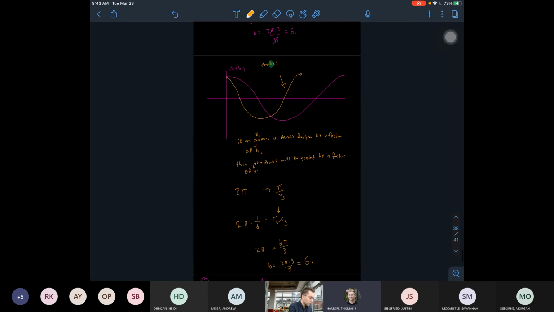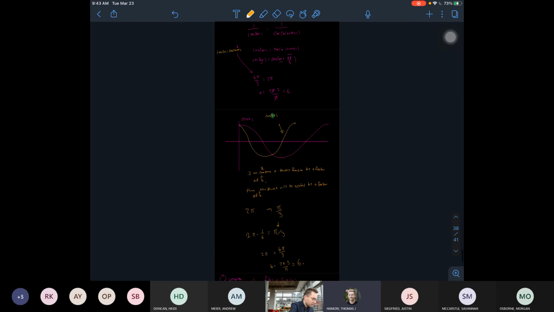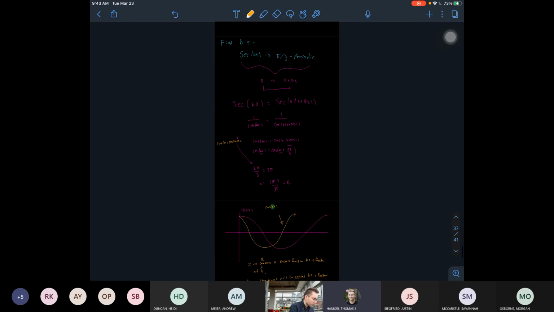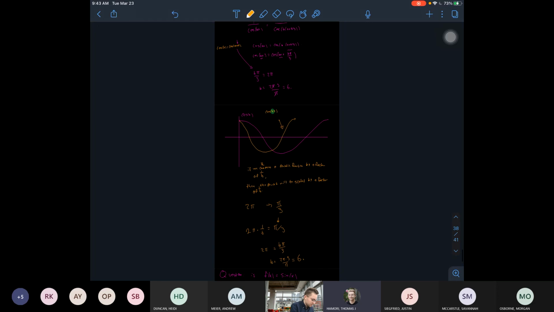So if you want to view this more geometrically, this is an argument which I feel would be more than satisfactory on a homework or on an exam. If you want to use this information, that's also fine. Just curious, let me ask you guys, does anybody have a strong feeling that one of these methods is better than the other?